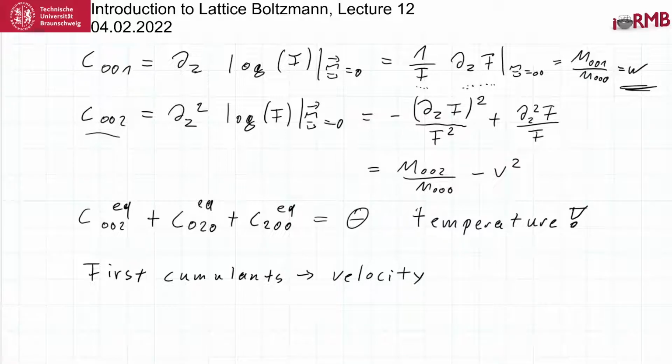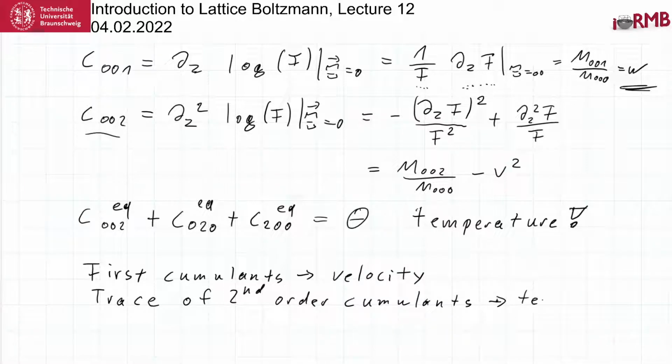This is an extensive quantity, but the first cumulant is an intensive quantity. It's a velocity. And what we observe with the trace of second order moments, second order cumulants, this is the temperature.